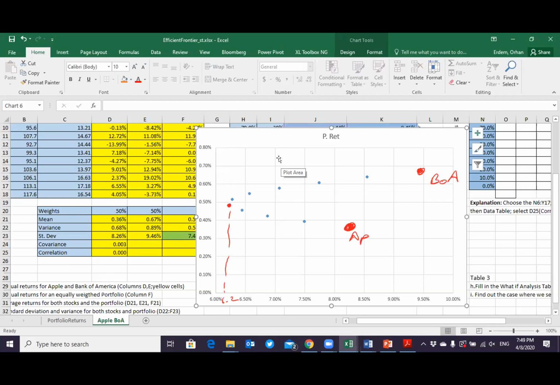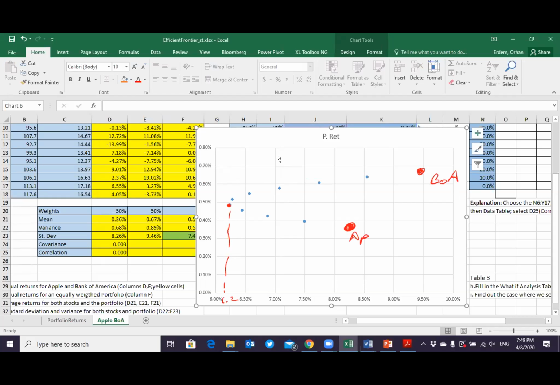But the expected return must be between those two numbers. No way that you can get rid of that. The expected return of your portfolio is going to be between those two numbers, but your risk might be lower than the individual stocks. So this is your risk.